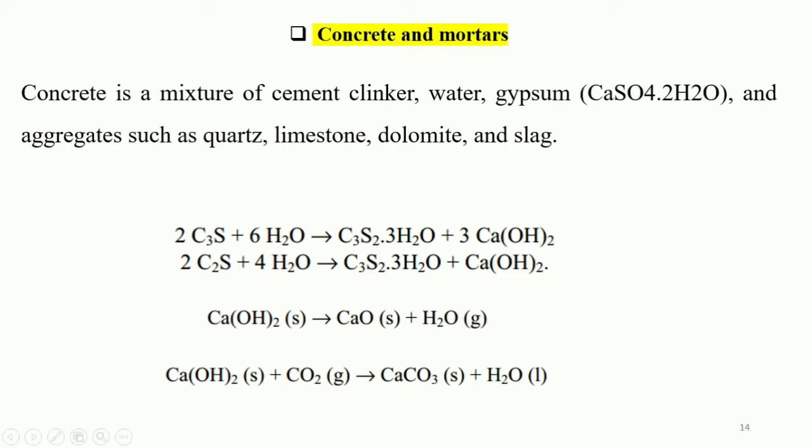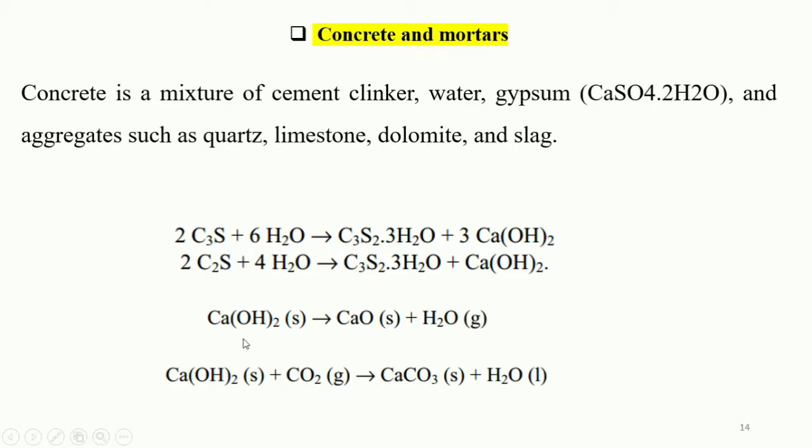So that would be a reaction like this: the calcium hydroxide, which is found as the crystalline solid, changes into calcium oxide and water. But the amount of calcium hydroxide is very small.